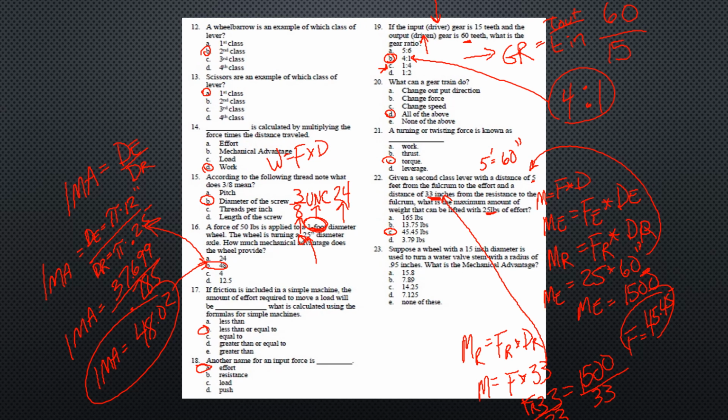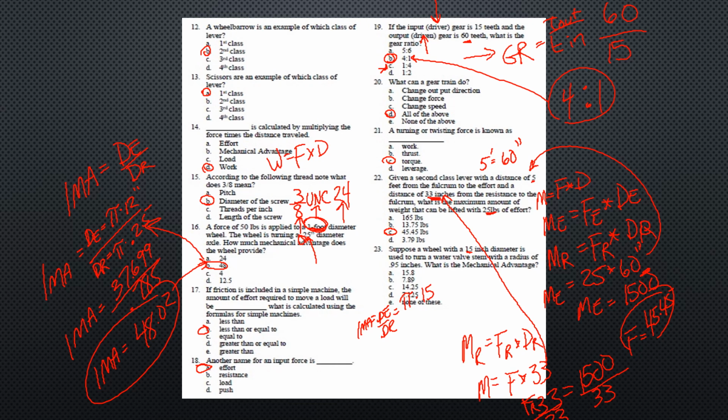23, suppose a wheel with a 15-inch diameter is used to turn a water valve stem with a radius of 0.95 inches. What's the mechanical advantage? Go back to this equation. IMA is equal to DE over DR. And what we're going to do is use pi times our diameter of our effort, which in this case is 15.